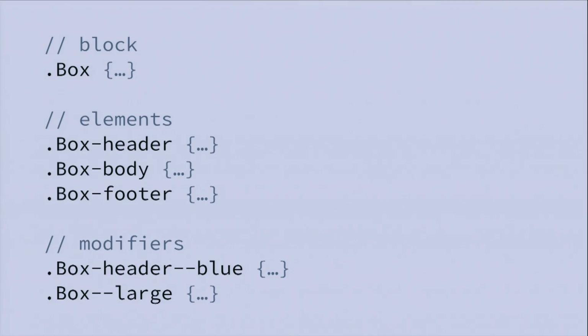So we decided to take an object-oriented CSS approach and separate structure from skin and separate that from location. So avoid using class names that are tied to a specific feature or a specific page.